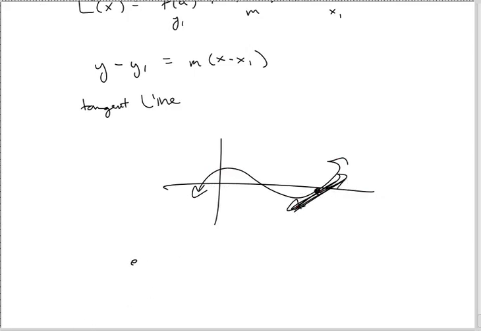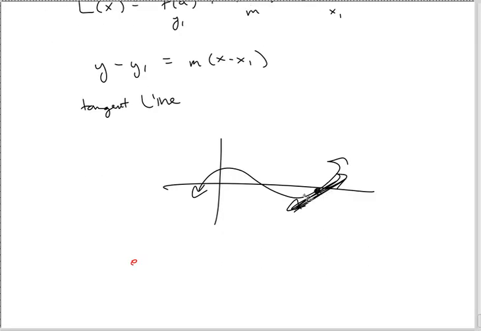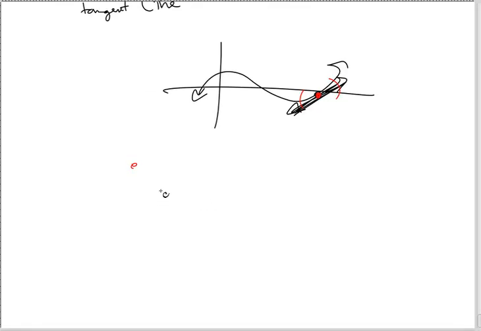Now, why are they calling this linear approximation? Well, basically, what if I want a point right here at the tangent? Well, we've already found it. But what if I got a point that's somewhere nearby? Let me zoom in on this. Let's say that I have this graph, and I have my tangent line. I'm trying the best I can here.